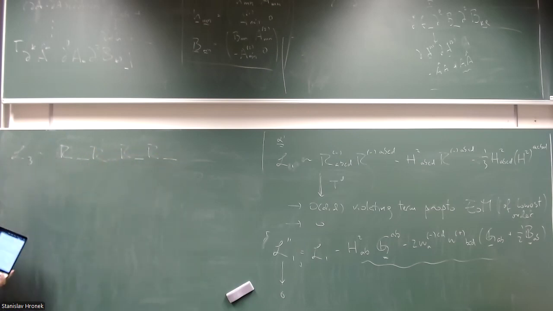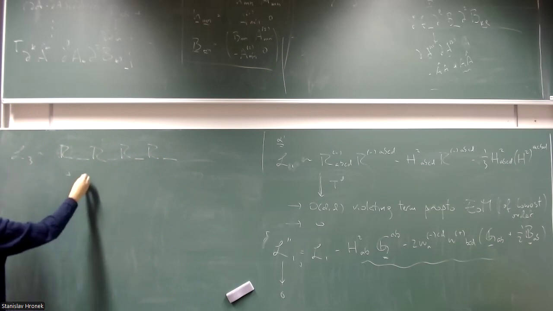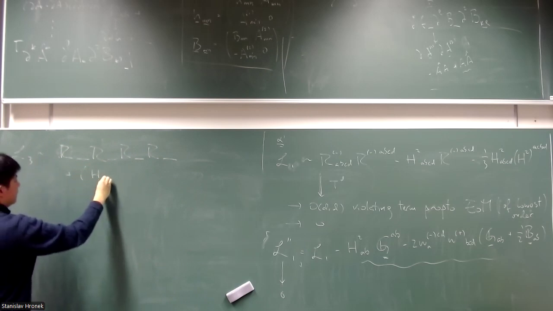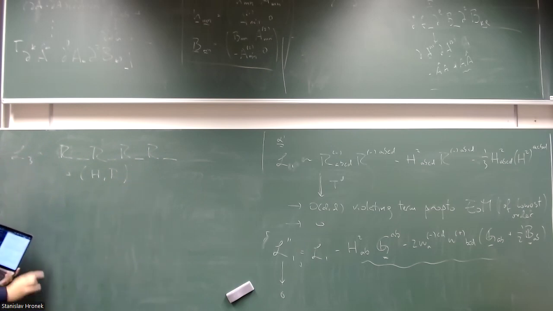So it has at least 4 Riemann terms, the Riemann tensors, plus some combination of H and Riemann, and we don't care about derivatives so far, so let's forget about that. But anyway, there is some expression made of 4 Riemanns applying cubic correction, and that explicit expression was computed by Linus as well.